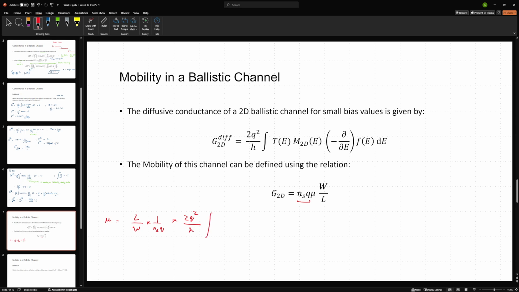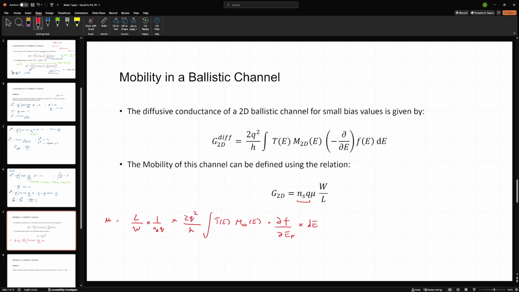h, the integral of T of E M2D of E. I'm just going to replace this by dou f by dou EF, small biases once again. I should have written capital E F; just substitute it wherever appropriate.